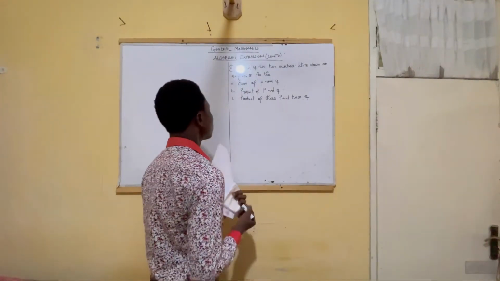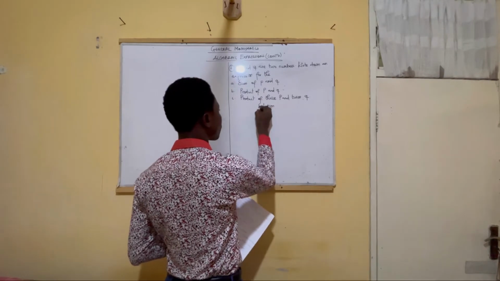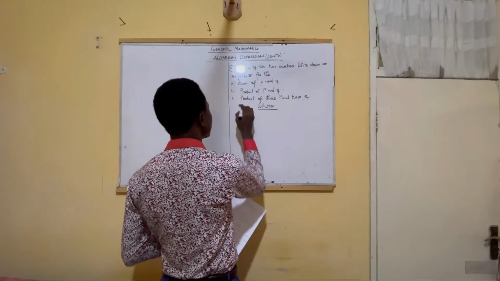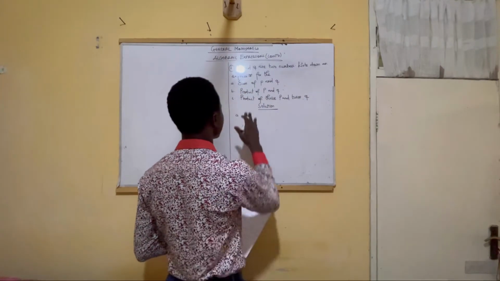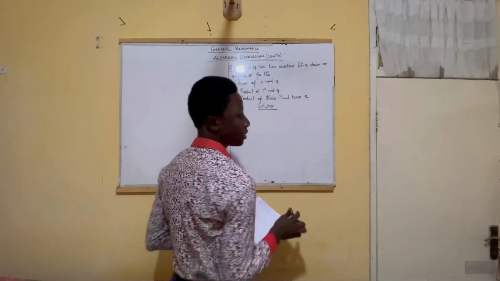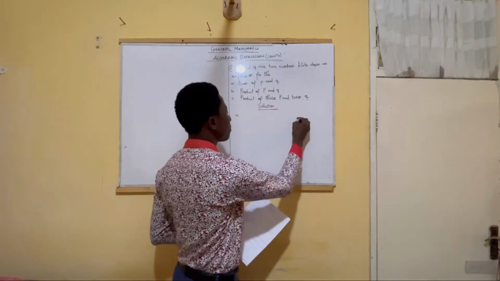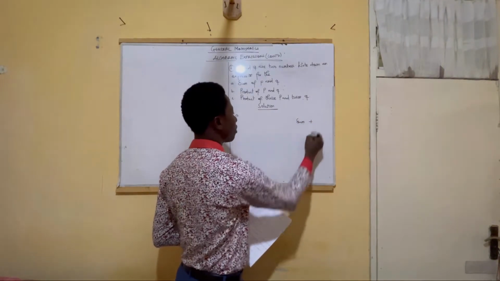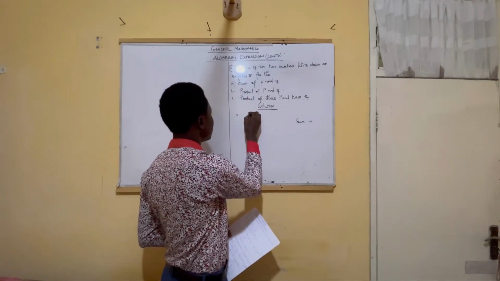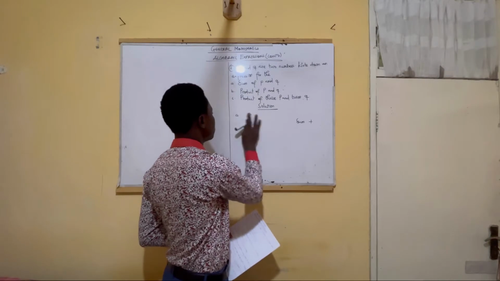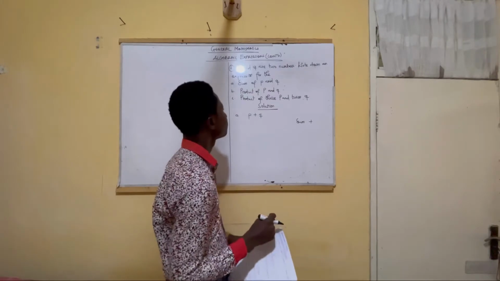All right, so solution. With the first one, the preamble is: P and Q are two unknown numbers. You should write down an expression for the sum of P and Q. In mathematics, when we say sum, it means addition, so the sum of P and Q means P plus Q. That is it.